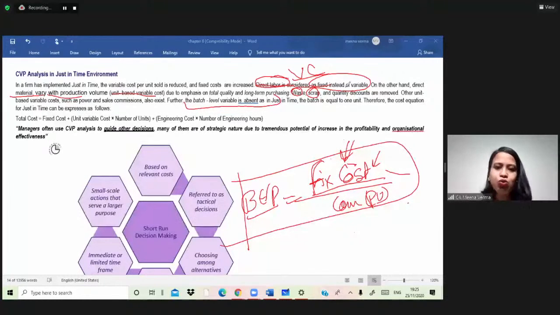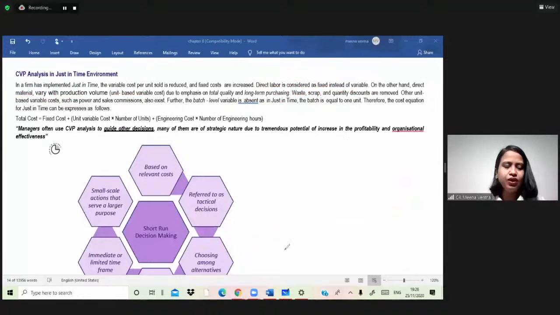This is a new point, which we have not discussed anywhere in CA Inter, that direct labor is a fixed cost. So this is about break-even analysis in case of just-in-time system.